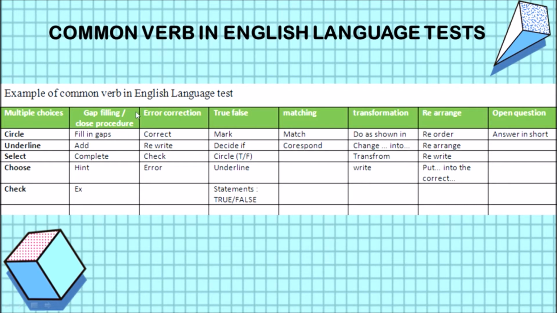Then in gap filling, we have fill in the gaps, add, complete, hint. Then error correction, we have correct, rewrite, check, error. Then true false, we have mark, decide if, circle T or F, and underline the statement true or false.